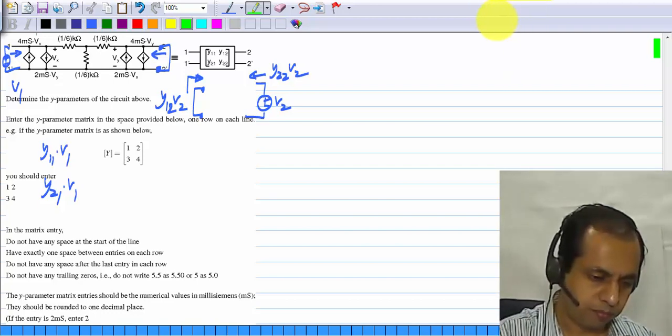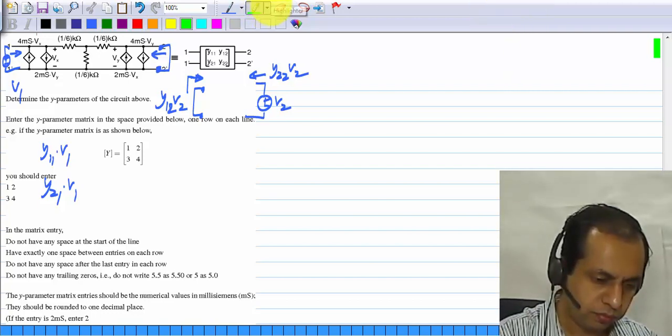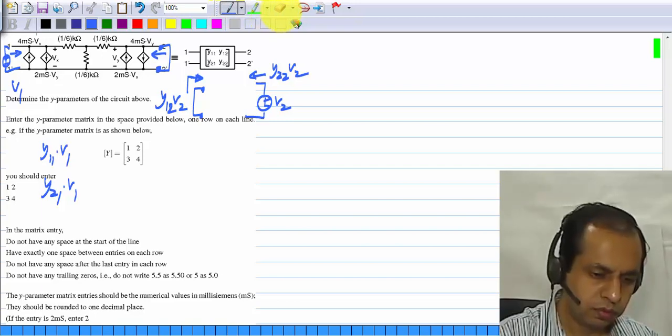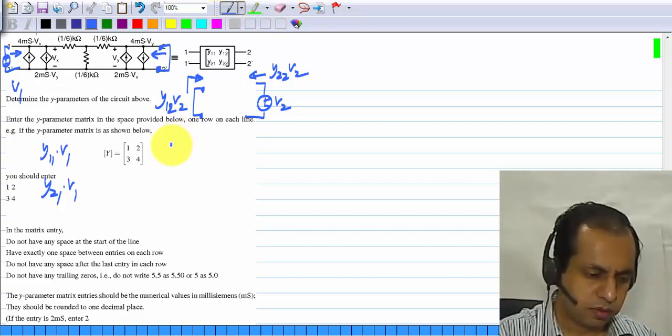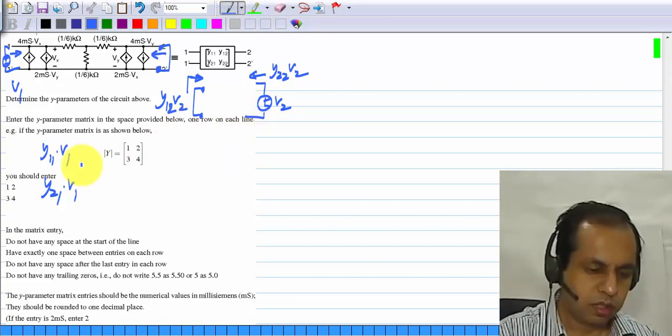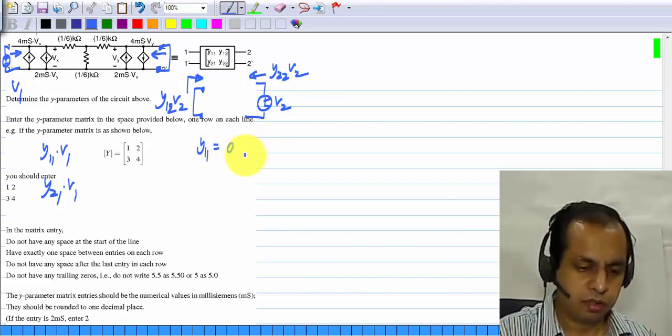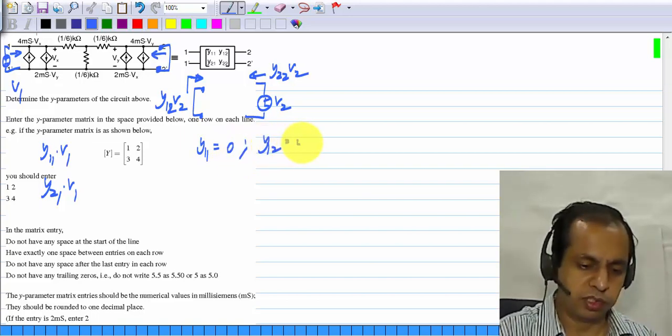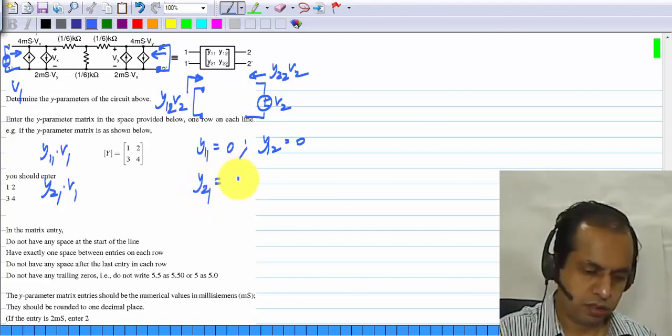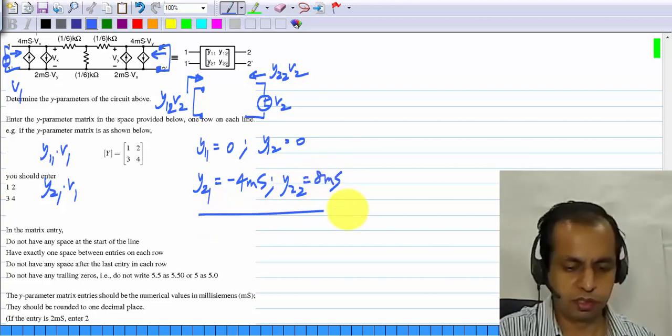Okay, now if you evaluate it, you will find that basically y11 will be 0, y12 will be 0, y21 will be minus 4 millisiemens, and y22 will be 8 millisiemens.